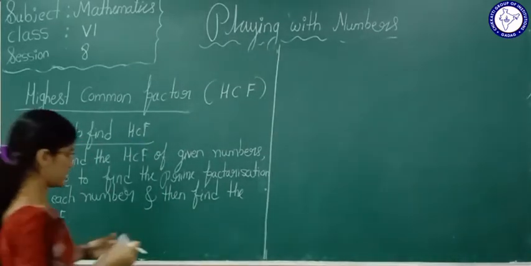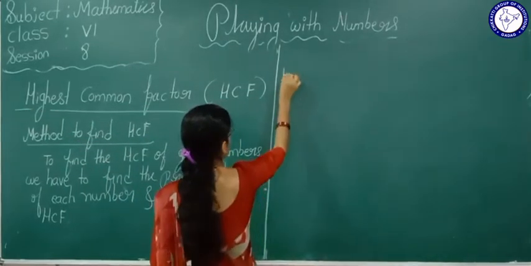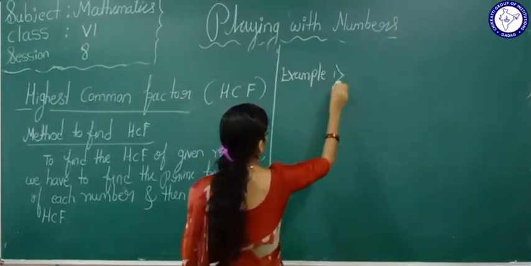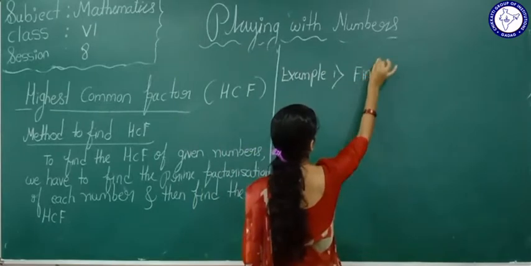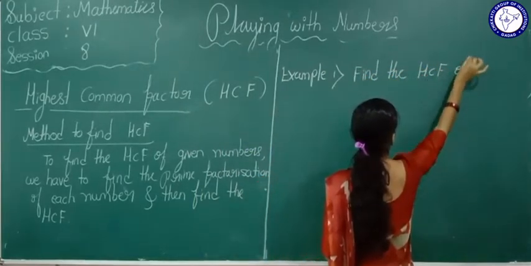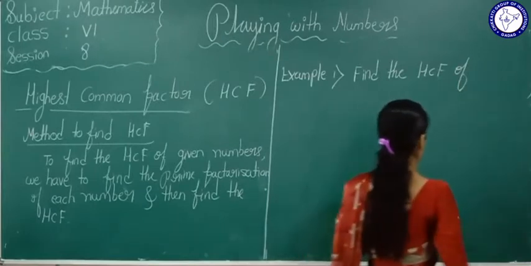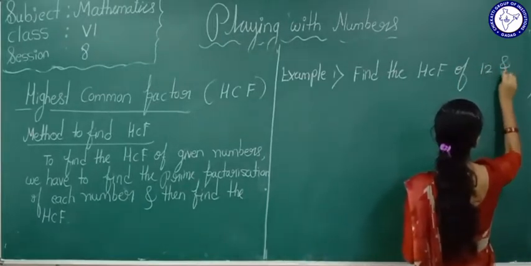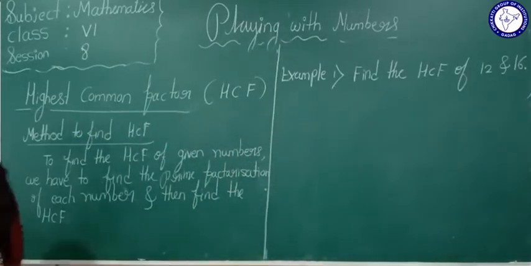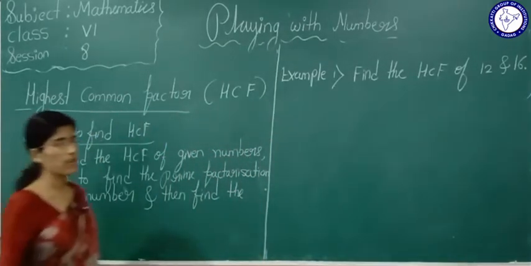See, your first one here. Example 1. Find the HCF of 12 and 16. Now see how to find the HCF of 12 and 16.